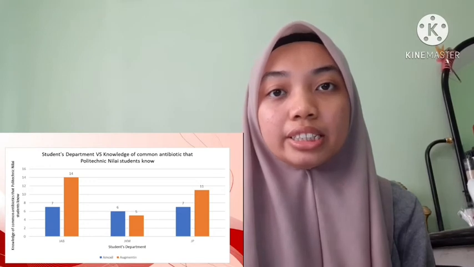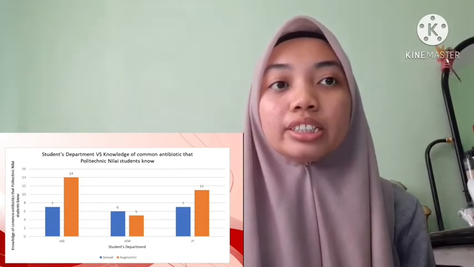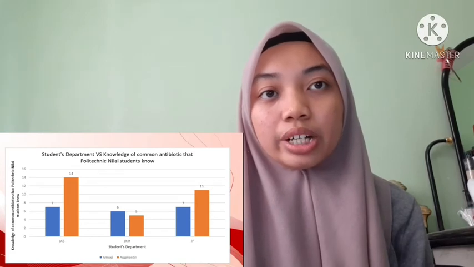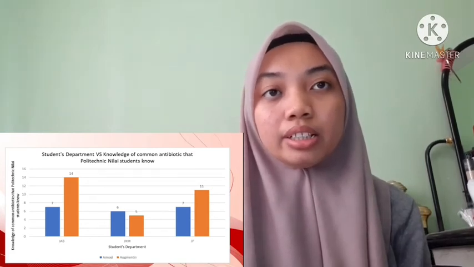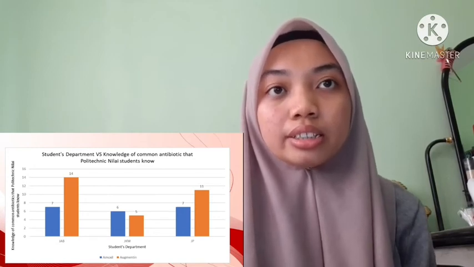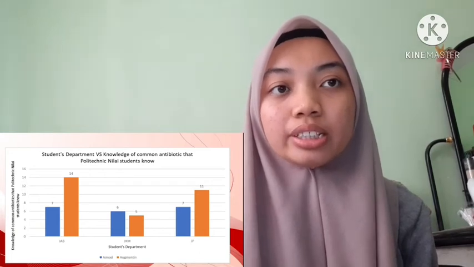The first one is JAB, the second one is JKM, and the third one is JP. The first department, JAB, the total of respondents in JAB is 21.